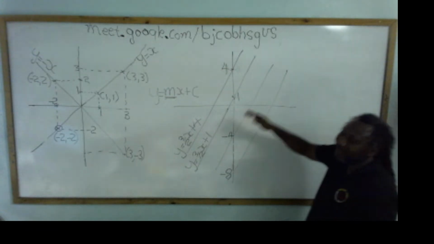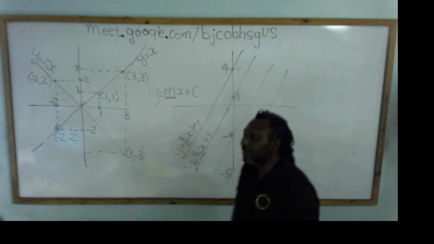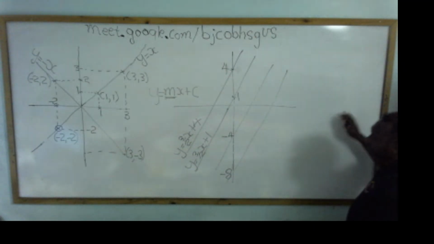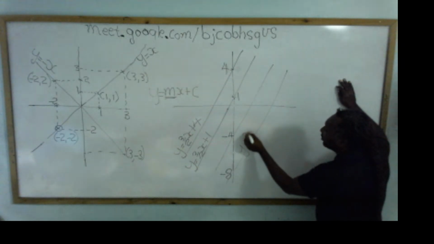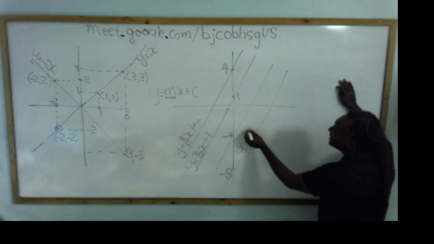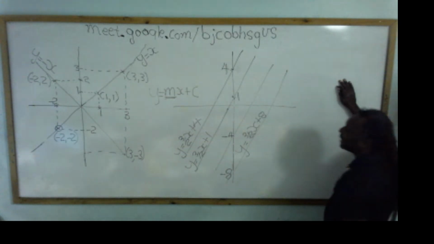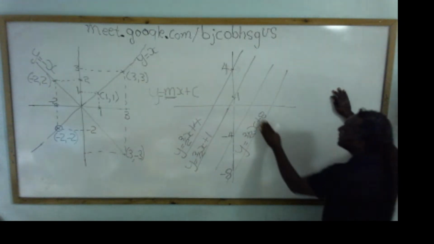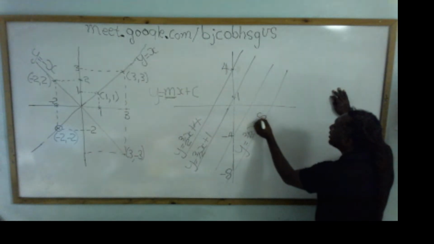All of them, the gradients will be the same for every single one. They are parallel, so the gradient part is equal. Y is equal to 3 over 2x, that's the gradient part, the coefficient of x, plus where it crosses the y-axis, which is not plus 8, as you see, but negative 8.